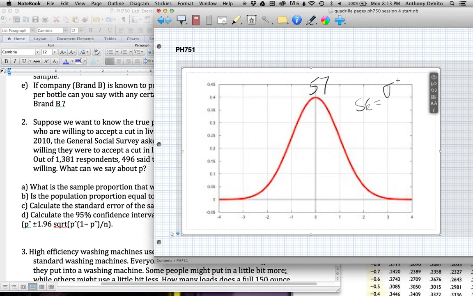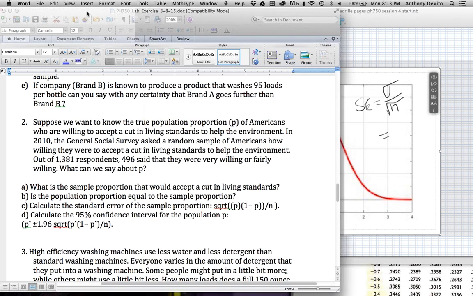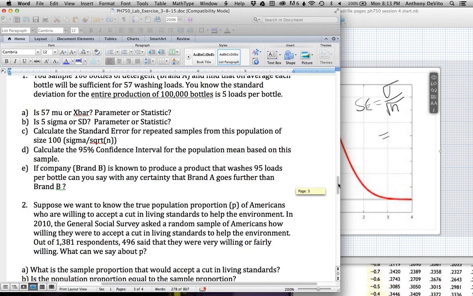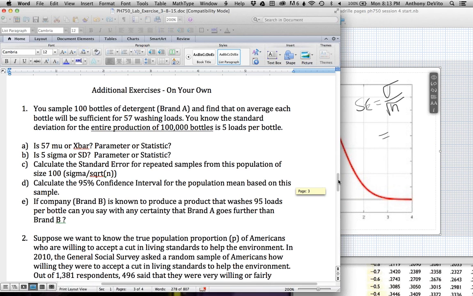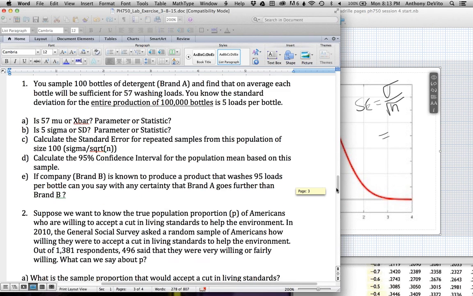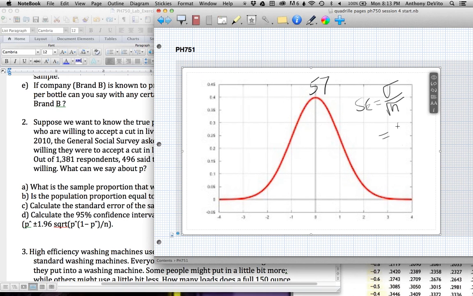It's equal to sigma over the square root of n. You know that the standard deviation for the entire population is 5, so that's 5 divided by the square root of the sample size, which is 100. So the standard error is equal to 5 over 10, or 1/2.